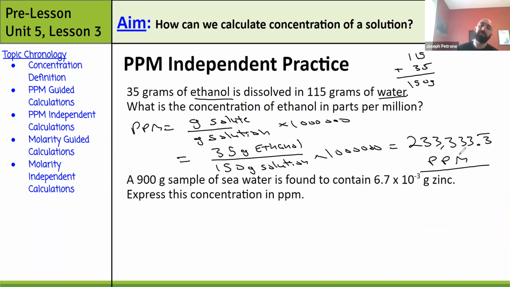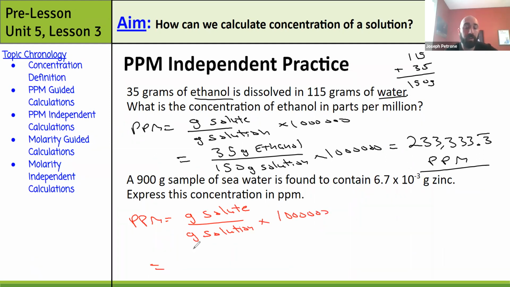Now let's take a look at the second one. So it says a 900 gram sample of seawater is found to contain 6.7 times 10 to the negative 3 grams of zinc. Express this concentration in parts per million. So once again, our formula, parts per million is equal to grams of solute over grams of solution times 1 million.